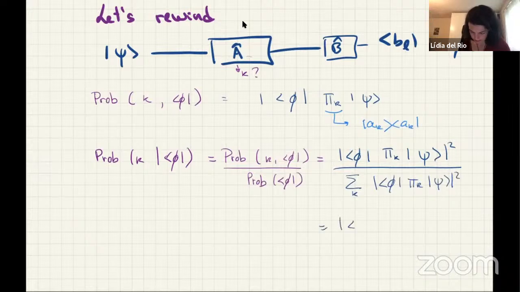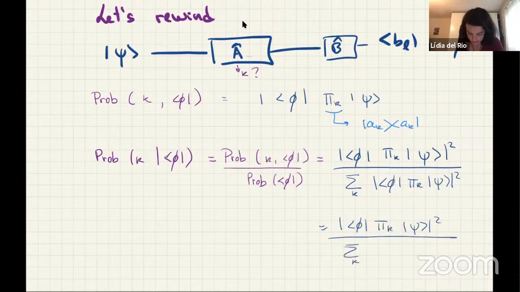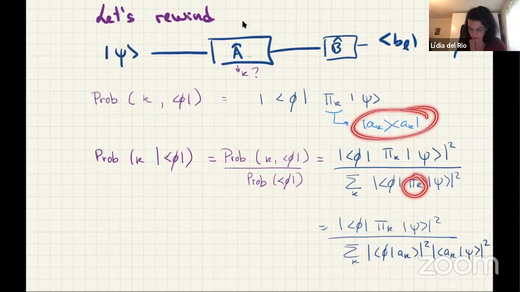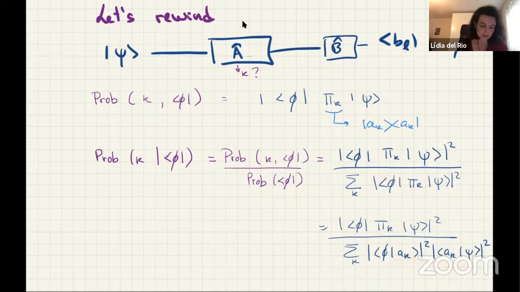And then I can rewrite this, leave the top as it was before, and I can just split it into that case. All I did was to expand this projector into this. And then it's like the square of the product is the product of the squares in absolute value.